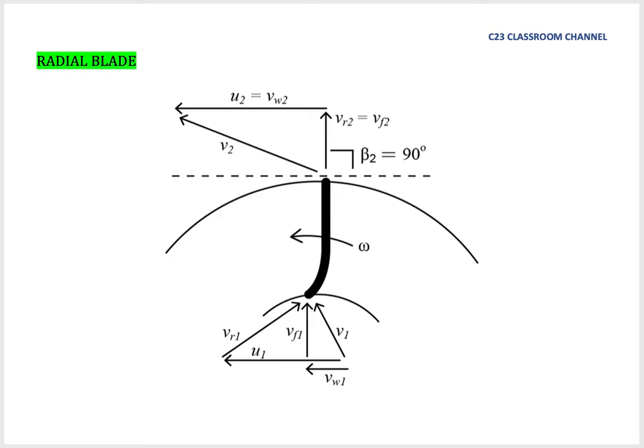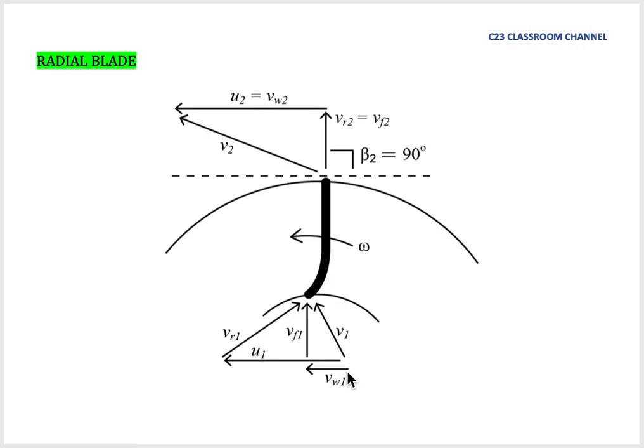This is the velocity triangle for the radial blade. And again, I would like to mention here that the radial, backward or forward blade is actually the shape of the blade at the outlet. So at the outlet here, you will find that the blade is 90 degrees, parallel with the radius, and so we call this type of blade a radial blade.